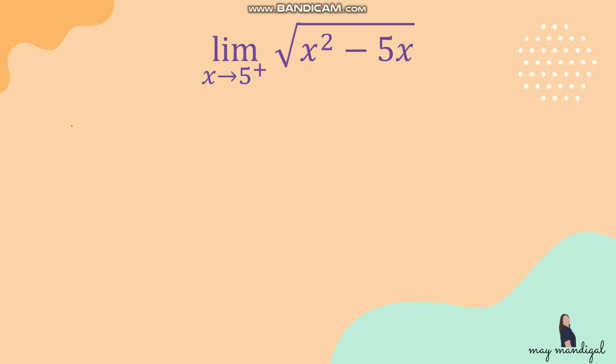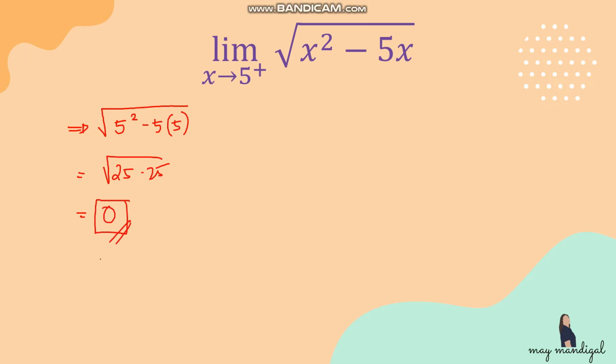If we substitute 5 to this function, that will be the square root of 5 squared minus 5 times 5, which is the square root of 25 minus 25, or 0.